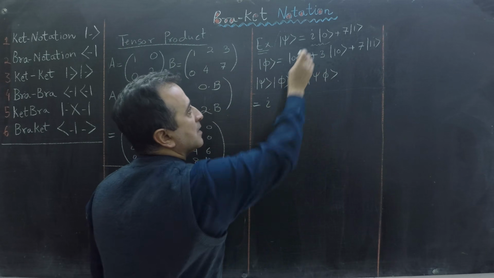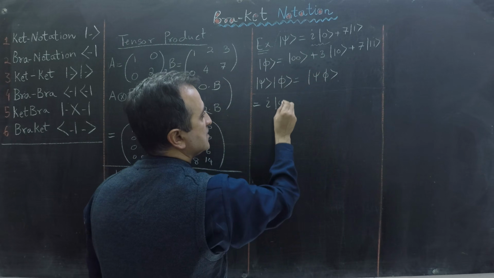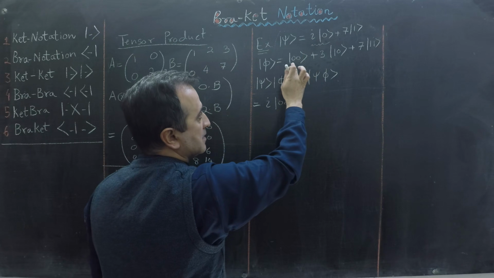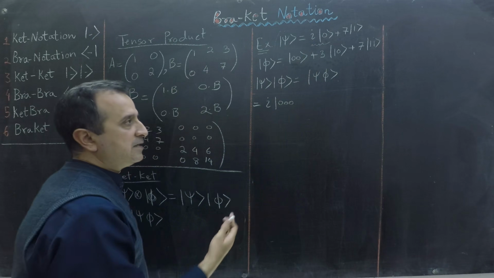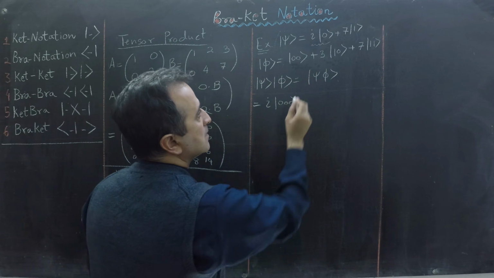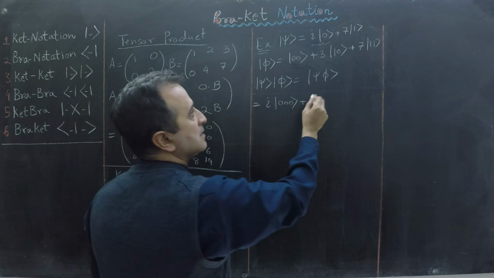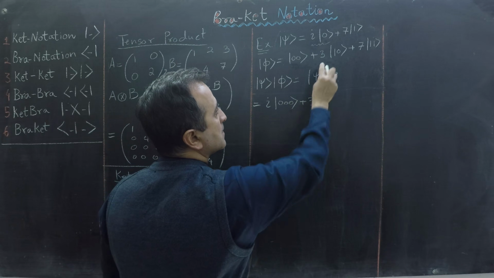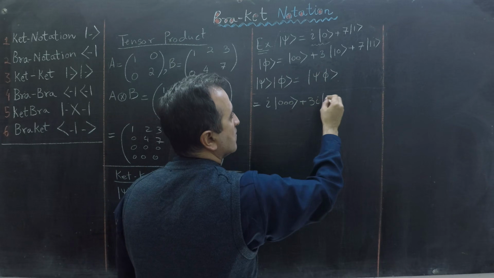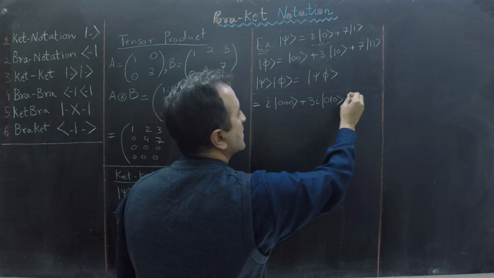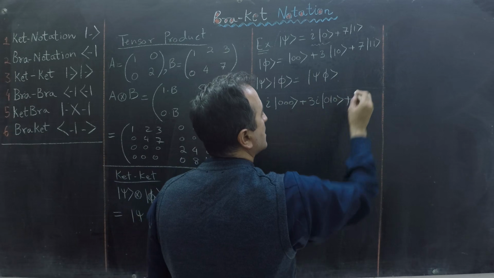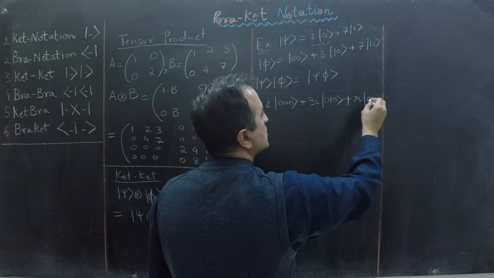So it will become iota ket 000, because this 0 and these zeros get together and become a new vector ket 000, plus 3 iota ket 010 plus 7 iota ket 011.